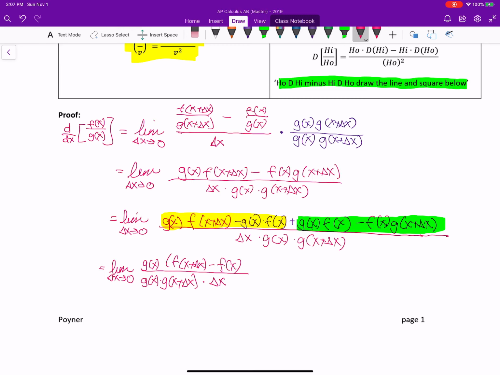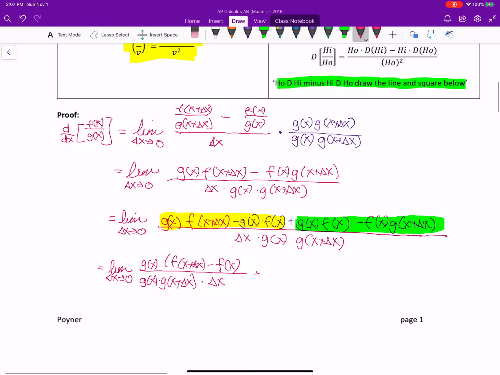And then we have plus the limit of delta x approaching 0 of, now if I look at the numerator, the green grouping, if I take out an f of x, I would end up with g of x minus g of x plus delta x. It is almost the definition of g prime of x, except that I need it switched. I need the x plus delta x in the front.